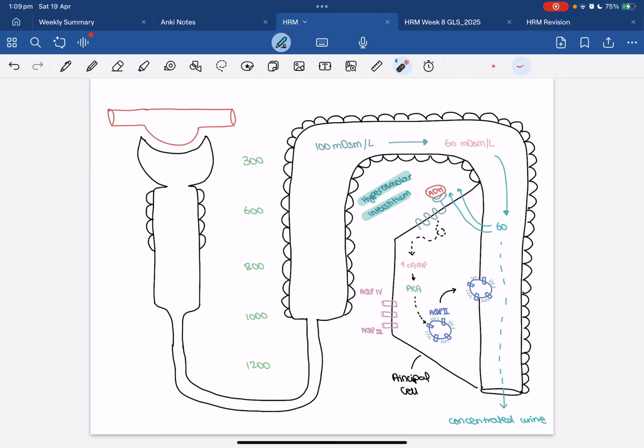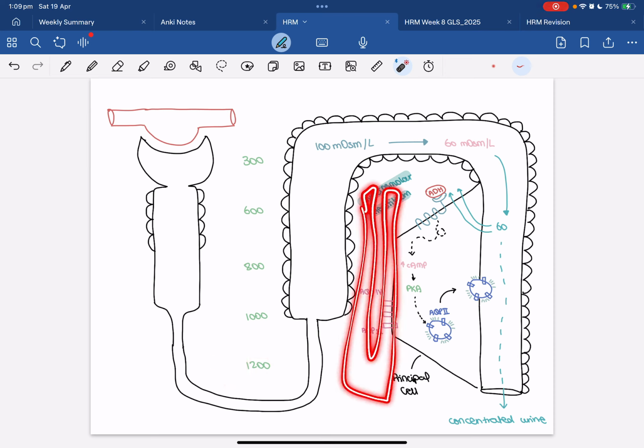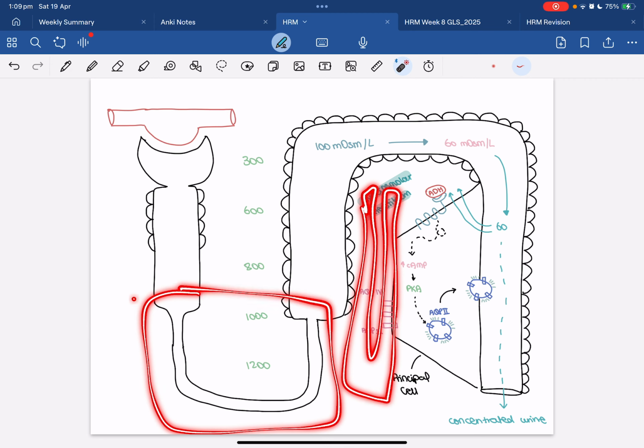Now, we have a specific thing right here. It's a blood vessel called the vasa recta. So the loop of Henle is your countercurrent. Countercurrent means that it's not straight. It's got this sort of loop.